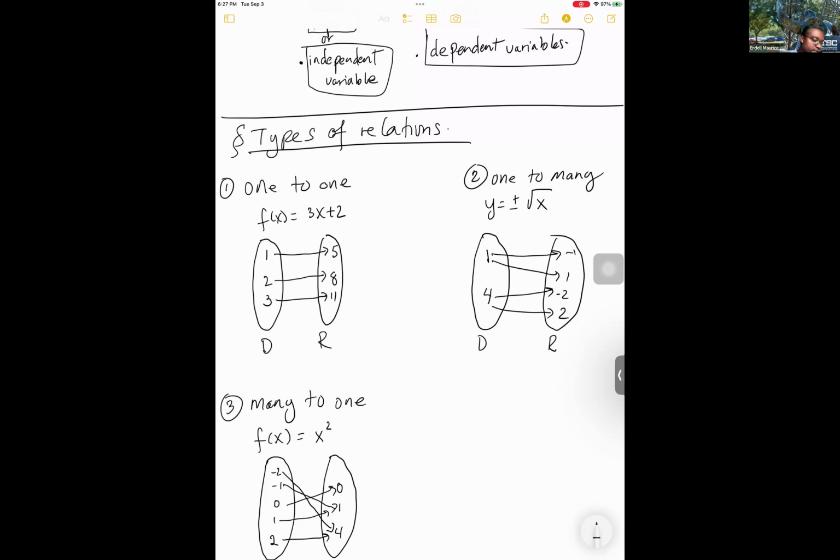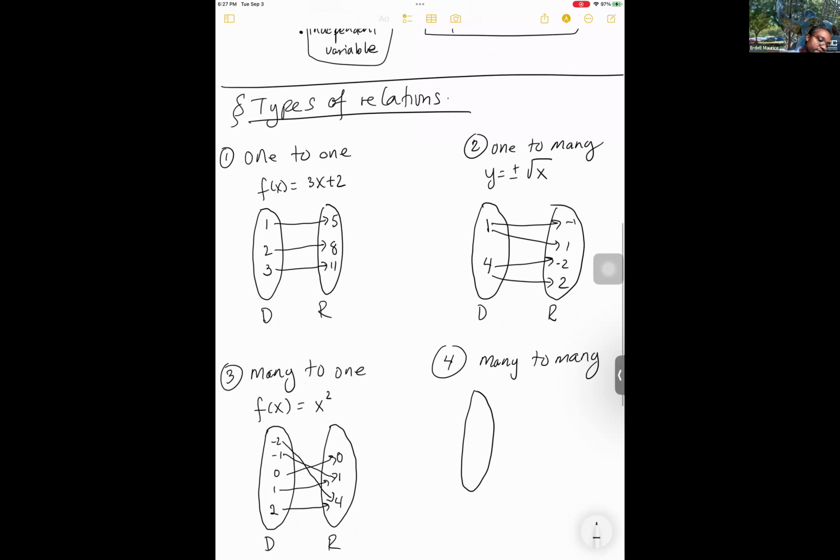That's your many-to-one relation. And then the last kind of relation is a many-to-many. Now, the equations for those are a little bit harder to write, but basically, you have both things happening at the same time.